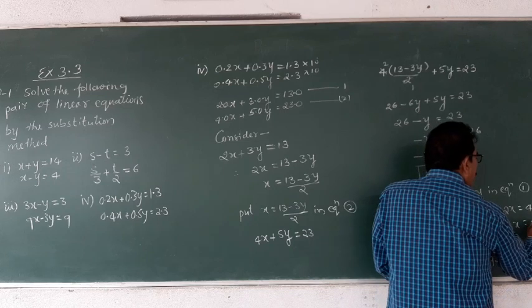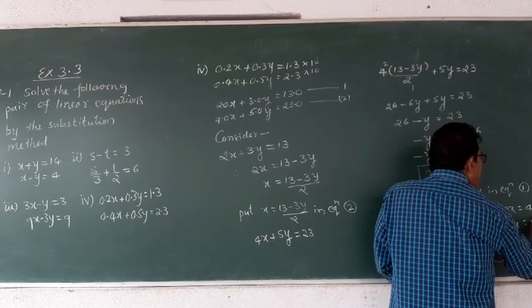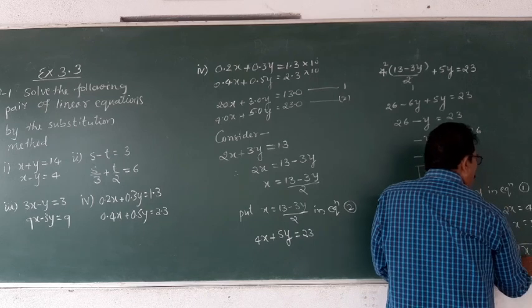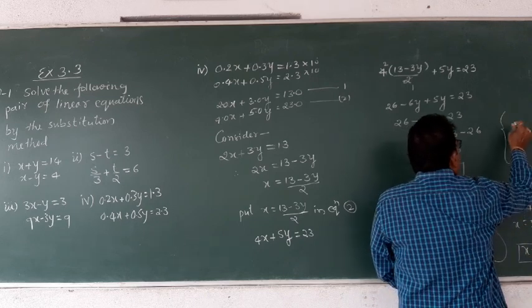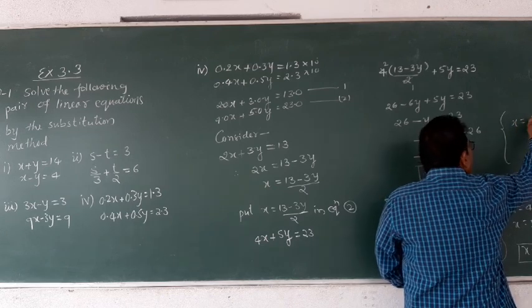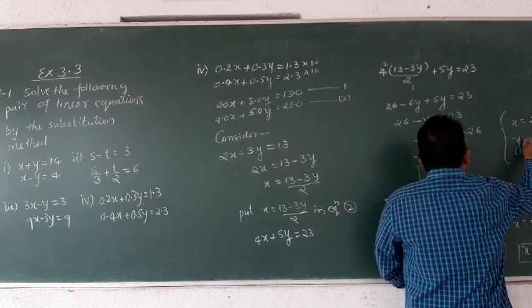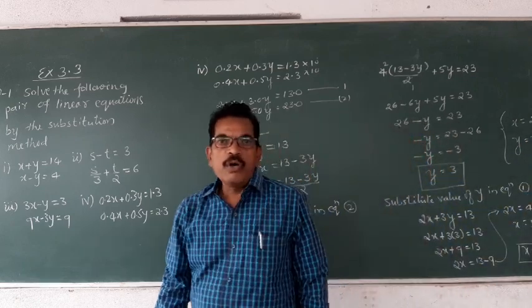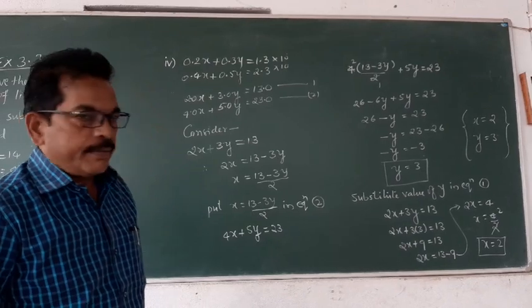Therefore x equals 4 by 2. 2 2s are 4, so x equals 2. So the solution set for the pair of linear equations is x equals 2, y equals 3.